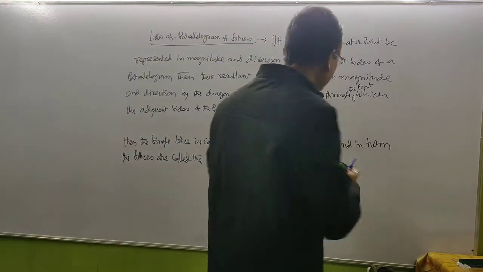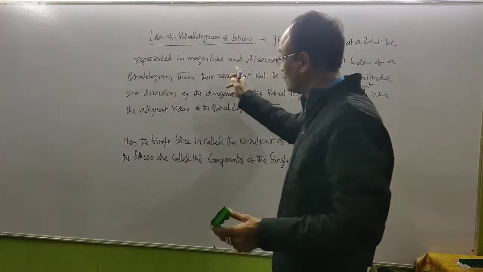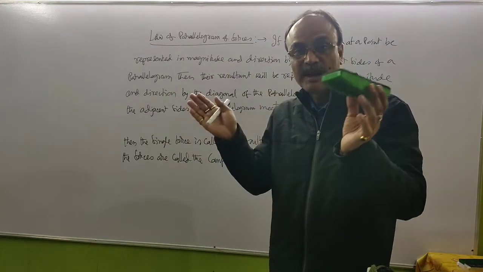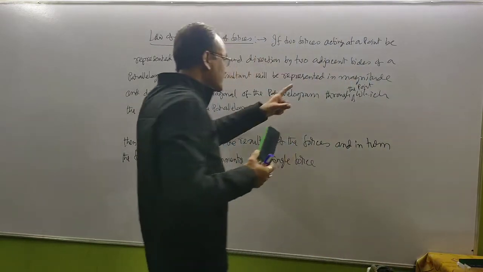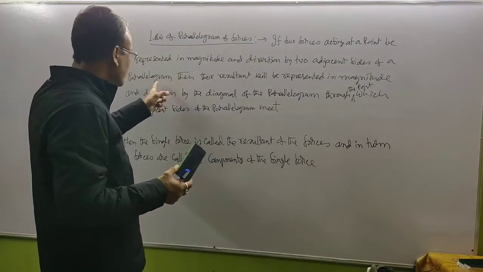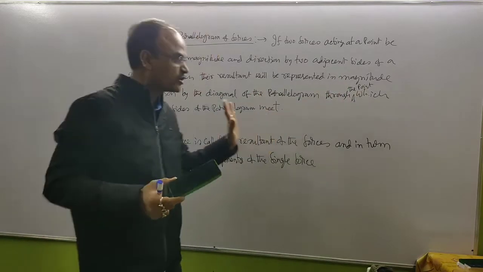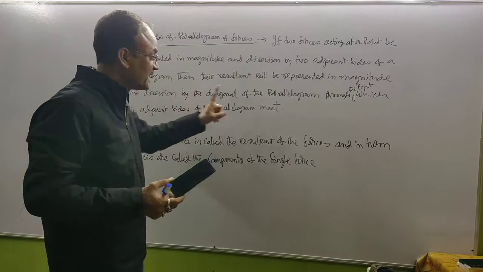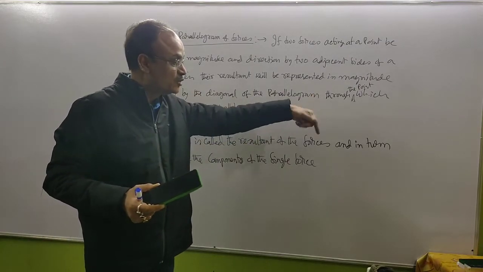What we have written here: if two forces acting at a point be represented in magnitude and direction by two adjacent sides of a parallelogram, then their resultant will be represented in magnitude and direction by the diagonal of the parallelogram.